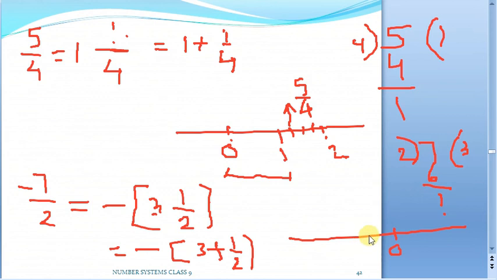It will be minus 1, minus 2, minus 3 and minus 4. Proceed leftward. How many units first? 3 units. That means from here 1, 2, 3. Stop there. Extra we have half, in the reverse direction only.